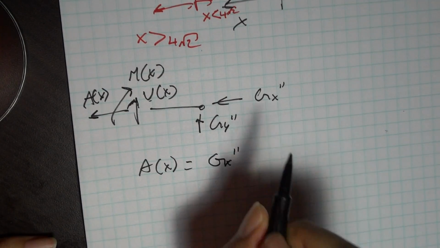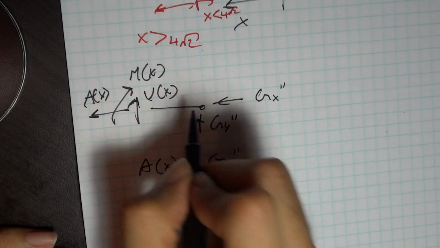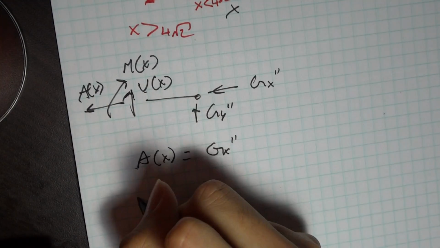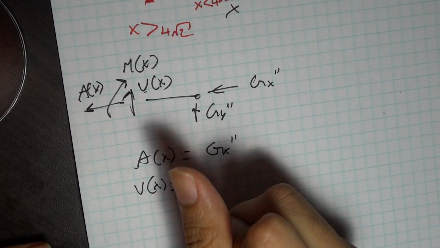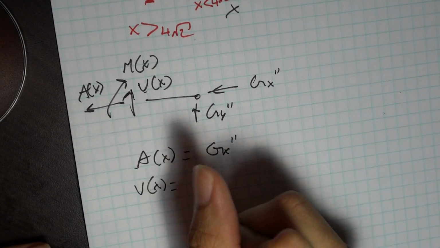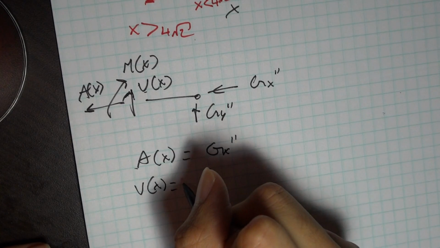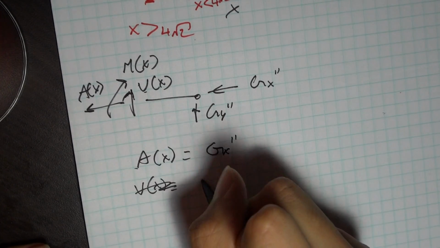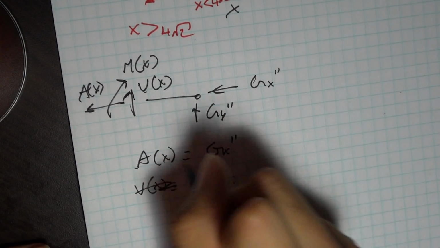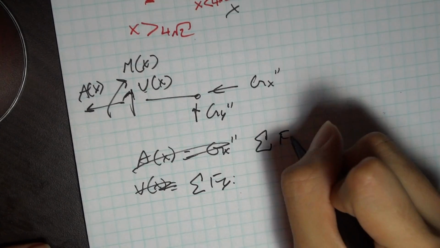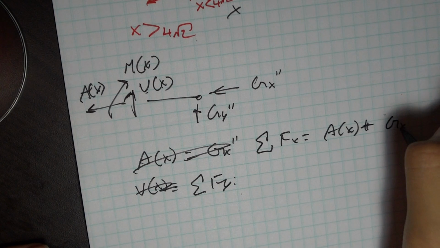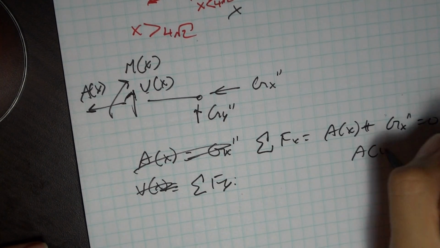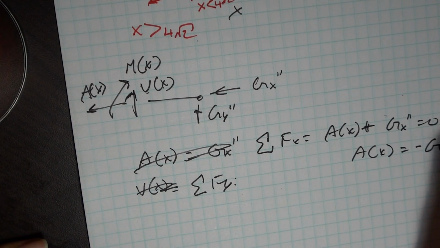This is a constant. A of x is not changing along the entire length of the beam. If I do sum of forces in the x, I get A of x plus Gx prime equals 0, so A of x equals negative Gx prime.